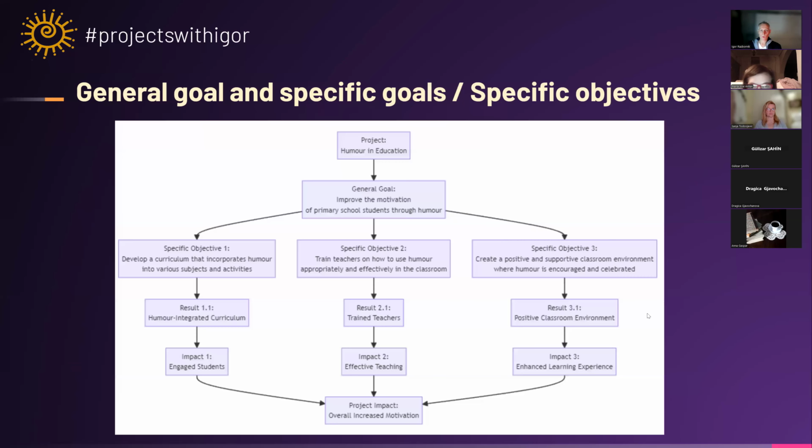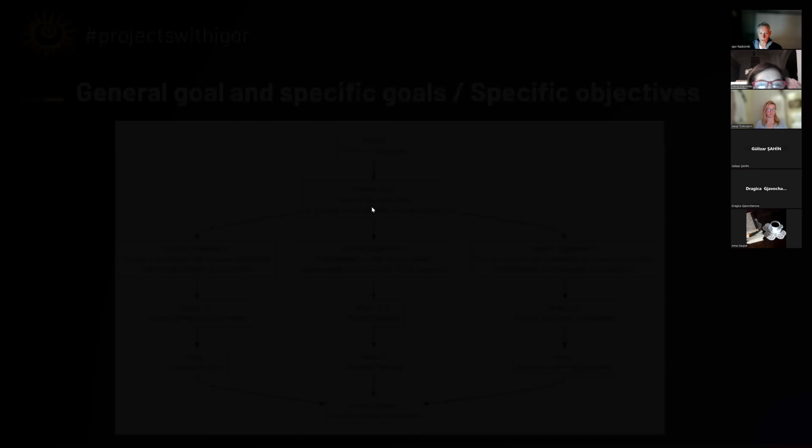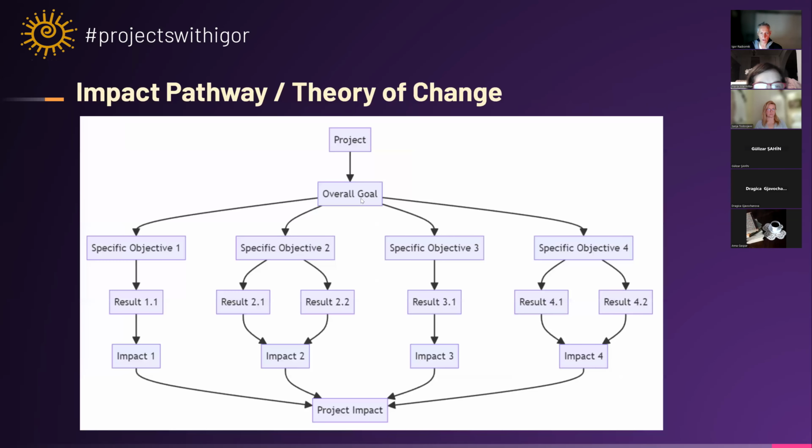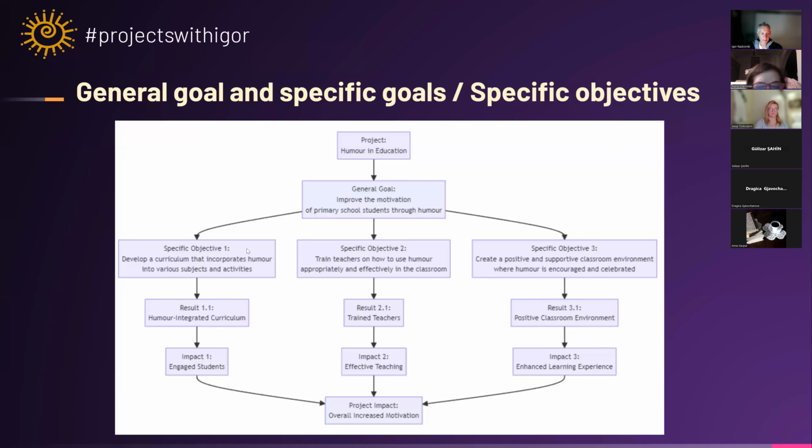So here is, for example, one of my very successful projects, which is called Humor in Education. And we had the general goal: improve the motivation of primary school students through humor. That was the overall goal. Then we have three different specific objectives. First, developing a curriculum that incorporates humor into various subjects; then training the teachers; and then creating a positive, supportive classroom environment, because you need to have a classroom that is used to humor being used.